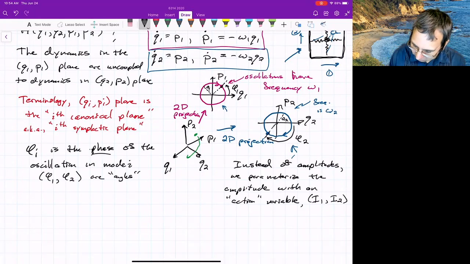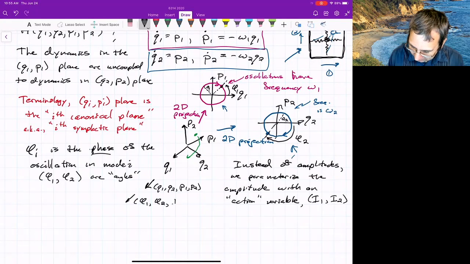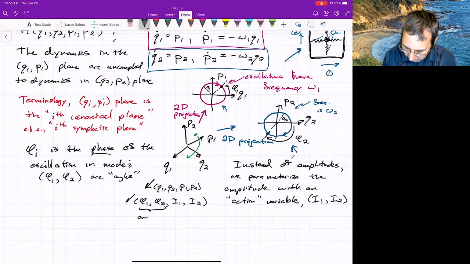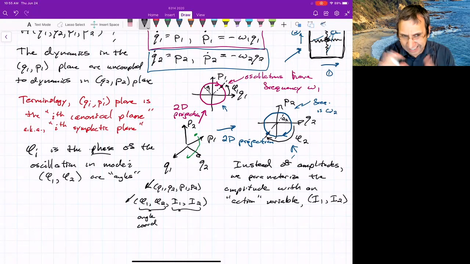So instead of writing things in terms of these original variables, Q1, Q2, P1, P2, we could write them in terms of angles and actions. Right, the angle coordinates are still phase-space coordinates, and they're kind of like polar coordinates, but not exactly.